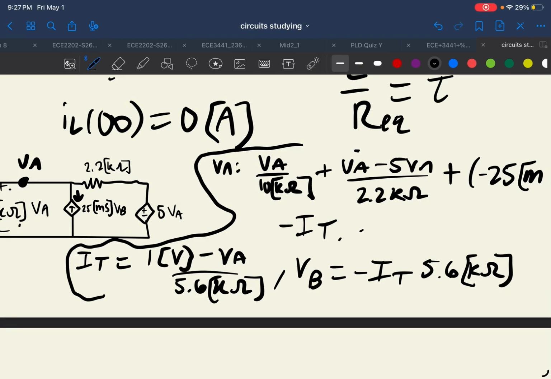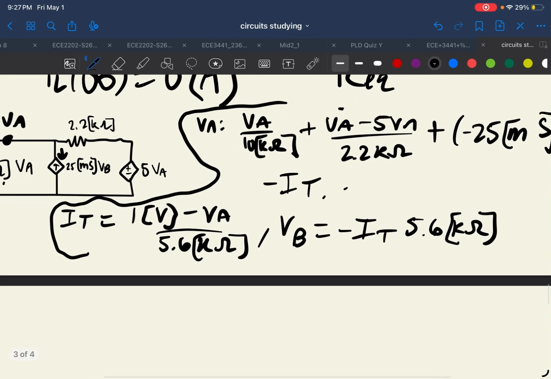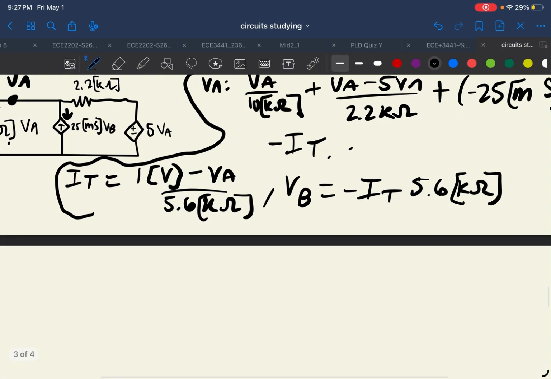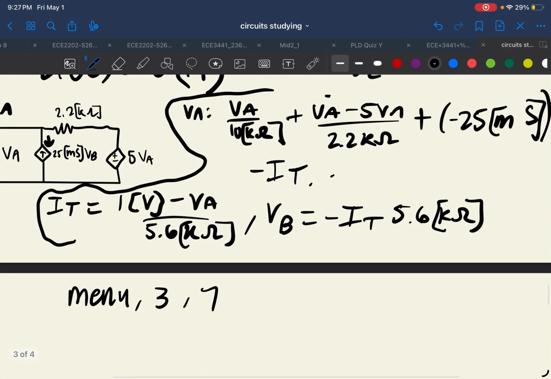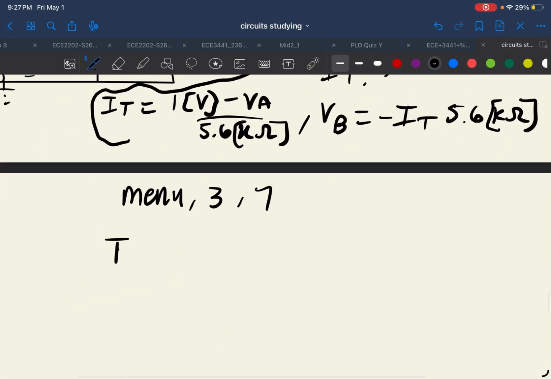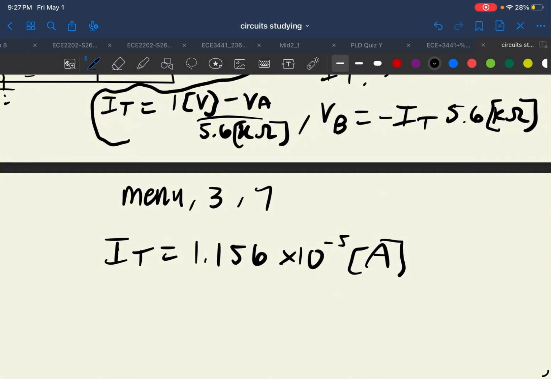Okay, so now you have these three equations, and we want to solve for IT. The way I'm going to do that is I'm going to take my calculator, I have the TI Inspire CX2 CAS, do menu, 3, which is algebra, 7, which is solve system of equations. I'm going to plug these three in, and I'm going to get IT is equal to 1.156 times 10 to the negative 5 amps.